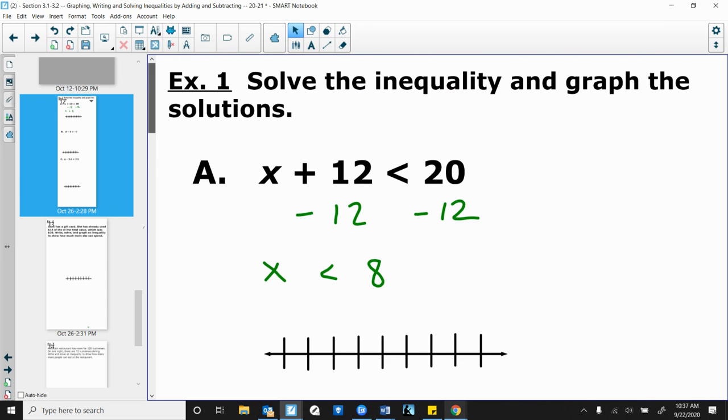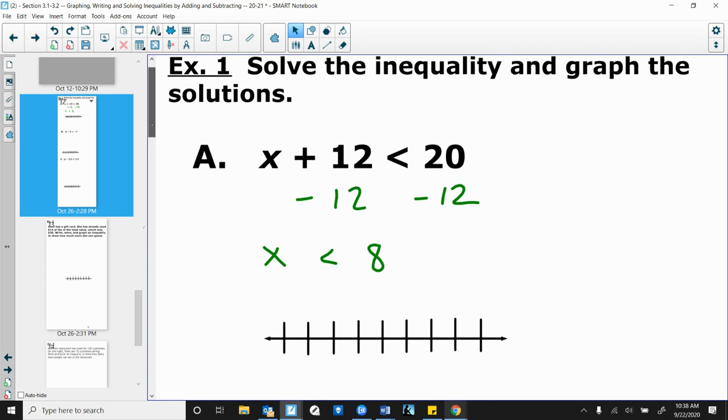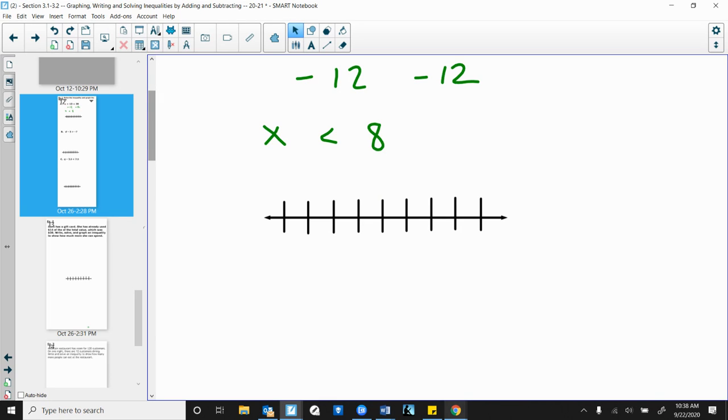Now, I'm going to let you know a little Mr. Stiles' secret. Graphs are not fun to make, but I can show you how to make them very basic. What number do I have to have my dot at? 8. So I'm going to put an 8 right there.